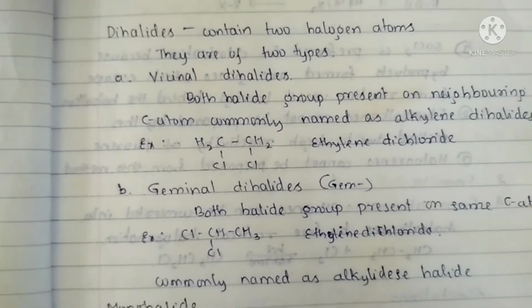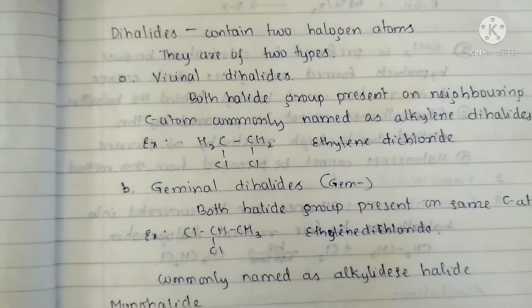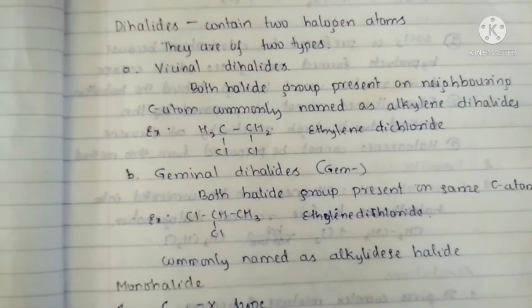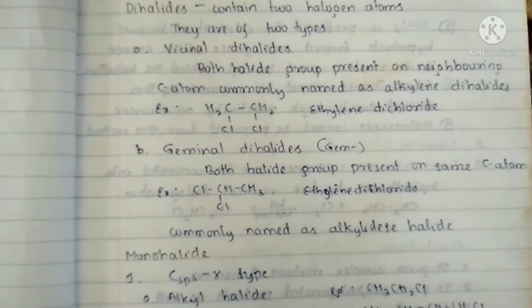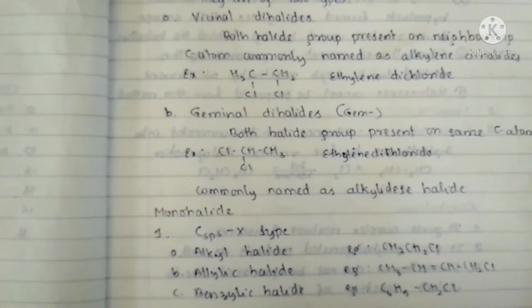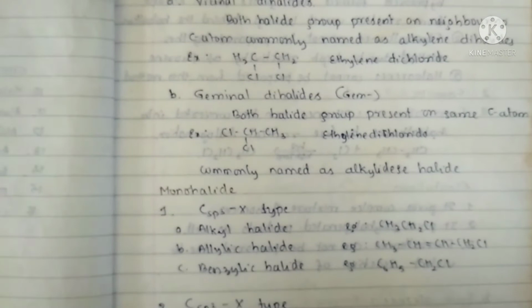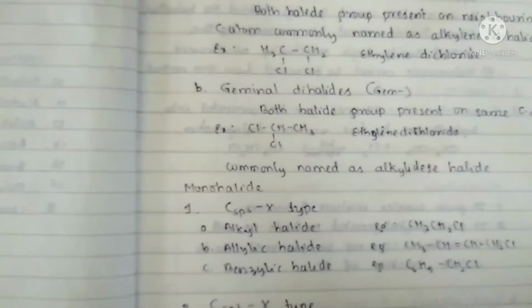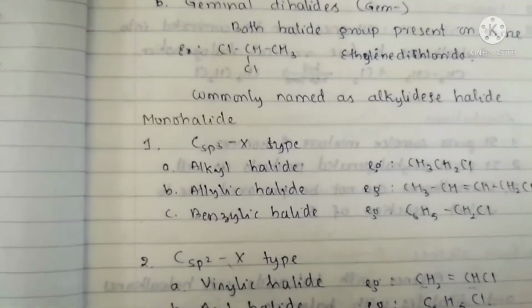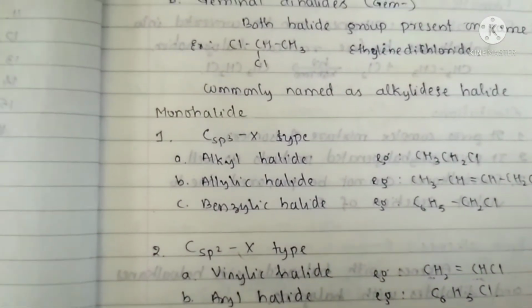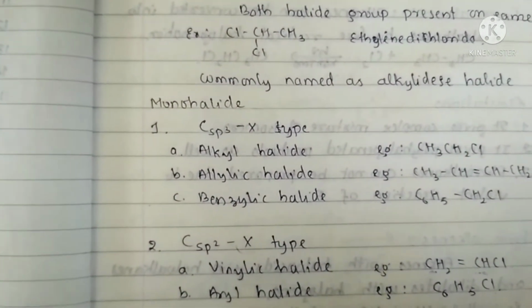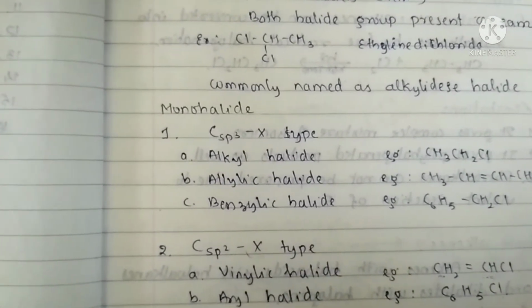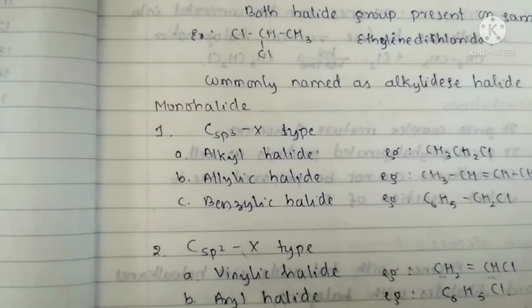Once we understand the classification on the basis of the number of halogens, the second type of classification is the type of hybridization the carbon has in the molecule. In the case of monohalides, the carbon connected to the halogen may possess sp3 hybridization.